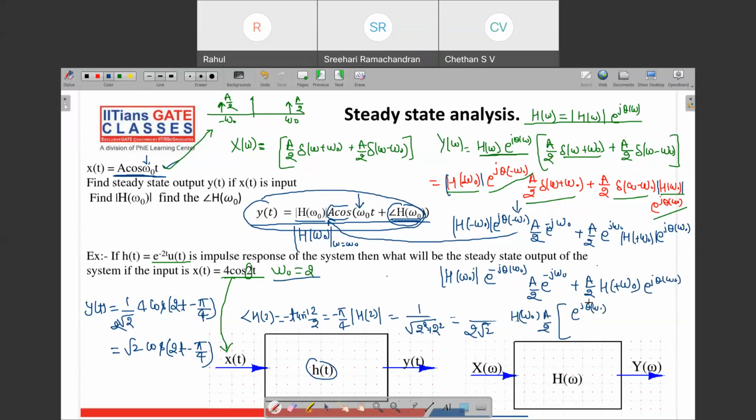Wait, there is something missing. Oh yeah, here e to the power j omega naught. Actually, when you take it in the time domain, there will be t here. So e to the power j theta omega naught plus e to the power j, sorry.